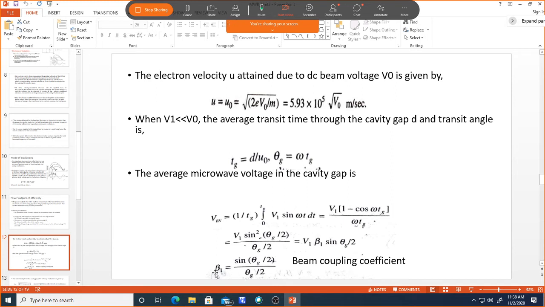This beta 1 is called the beam coupling coefficient. It tells how efficiently the electron beam generated by the cathode couples, goes through the cavity anode, is repelled by the repeller, and bunching takes place. The coupling efficiency is in the form of sin x by x, given by the value beta 1.